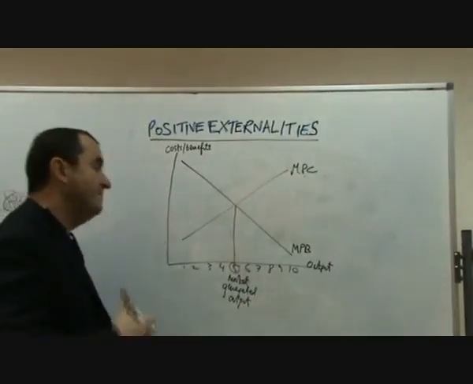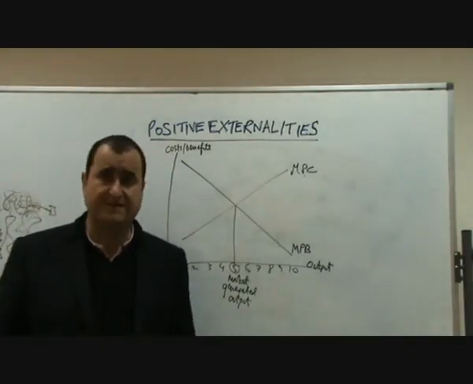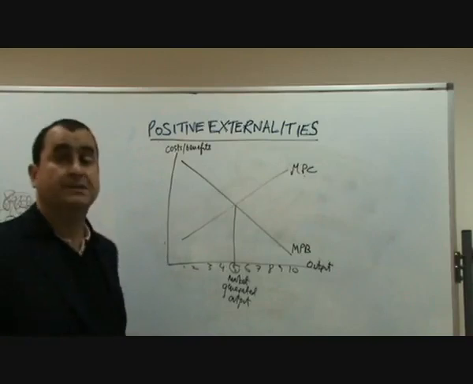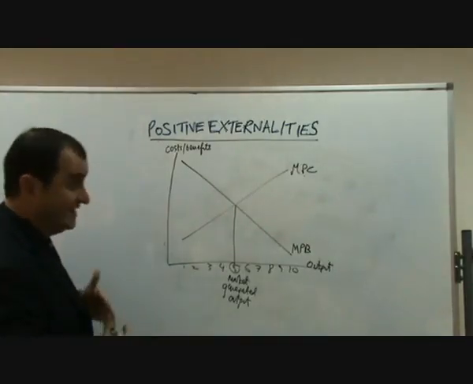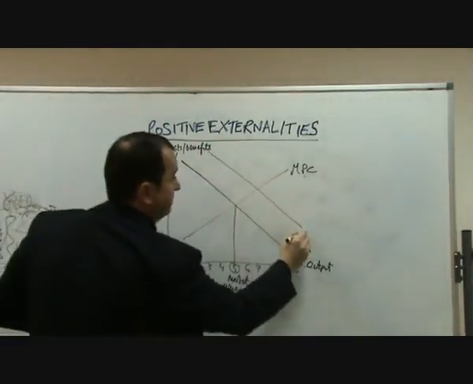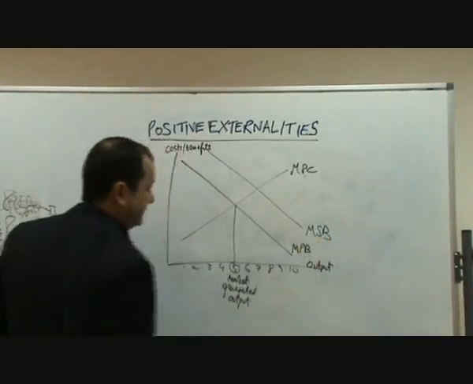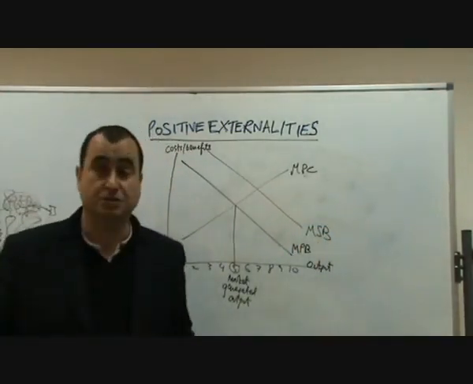However, there may be extra benefits from this good, external benefits, benefits enjoyed by third parties. These are positive externalities. And if we were to add all of those external benefits onto this graph, we would be able to plot a marginal social benefit line, because private benefit plus external benefit is social benefit.